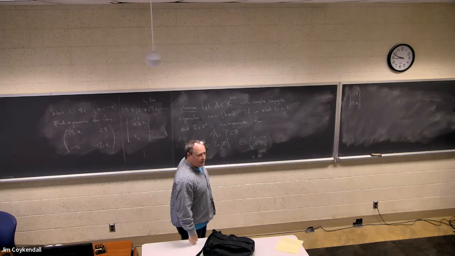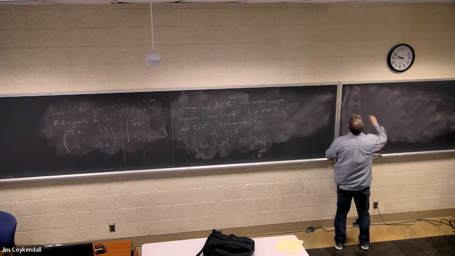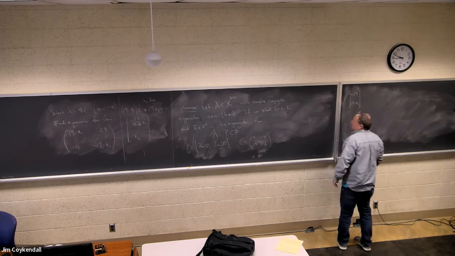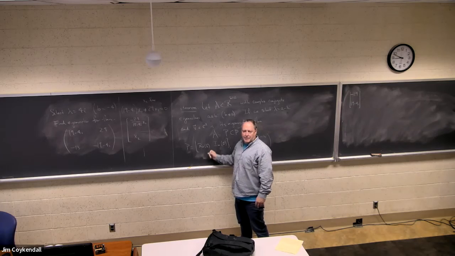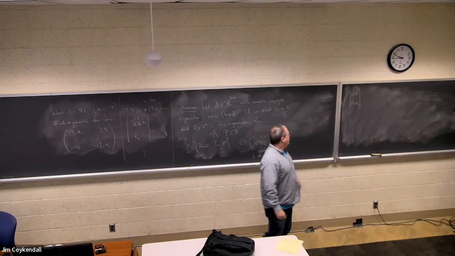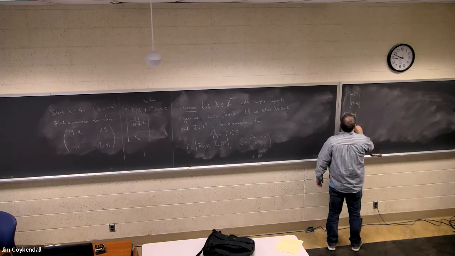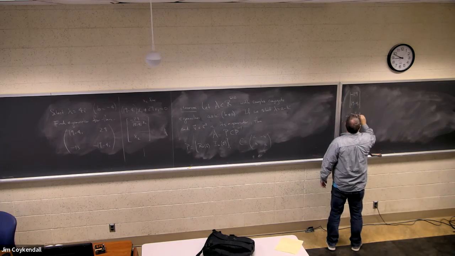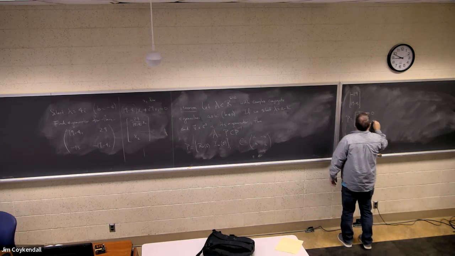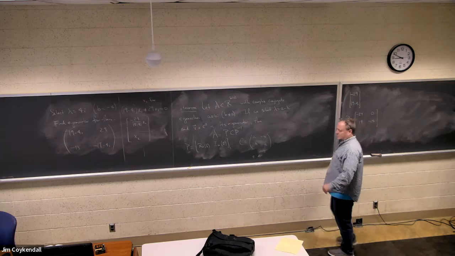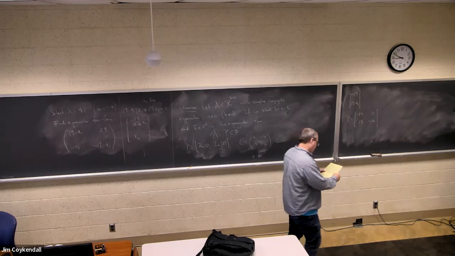Everybody with me so far? This is the eigenvector corresponding to the eigenvalue 4i. So this tells me how to build my P. My P should be the real part of this, and then the imaginary part of this. Did I put that all right? Okay.